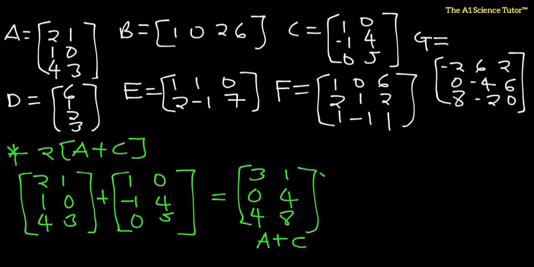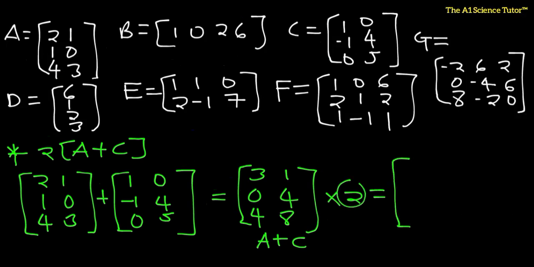But we need to multiply A plus C by the scalar 2. The 2 standing here is a scalar, so we need to multiply the matrix by 2. Let me write it this way.